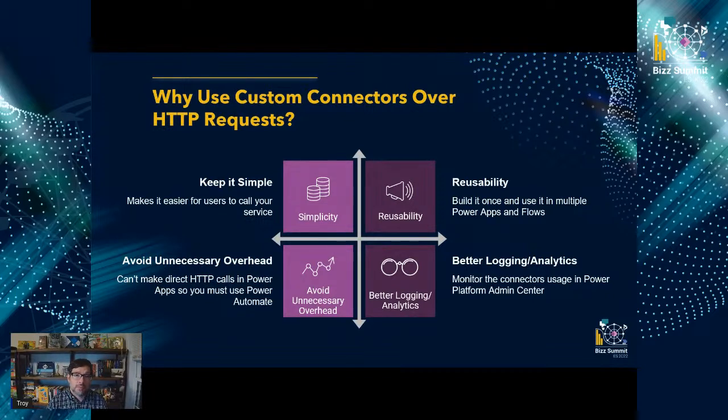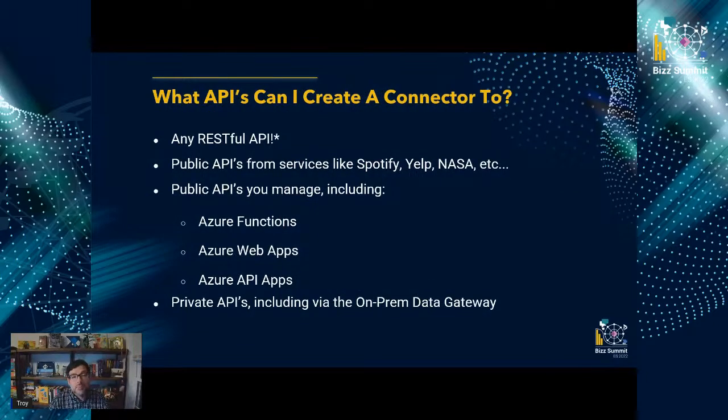So you can make it available directly within Power Apps, rather than having Power Apps rely on Power Automate to just make the call and return it. And connectors are also available for analytics through the Power Platform Admin Center. So that also is a reason to use it over HTTP. Okay, so what APIs can I create a connector to?